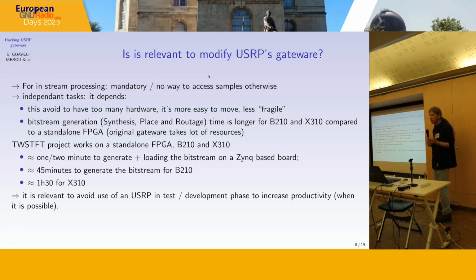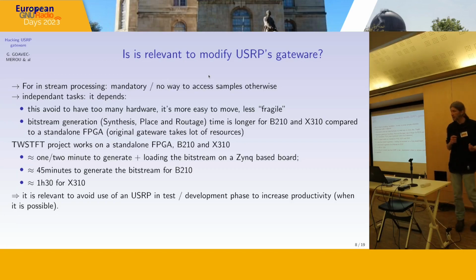When it's an independent task, it depends. For CIRT, use the gateware for two-way time transfer in the X310, but the demonstration shows it's possible to use another device, another FPGA, and just the default firmware for the B210.